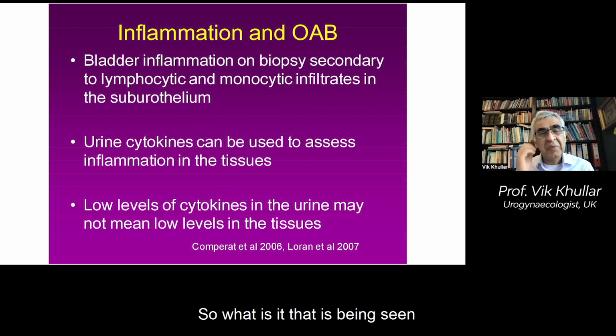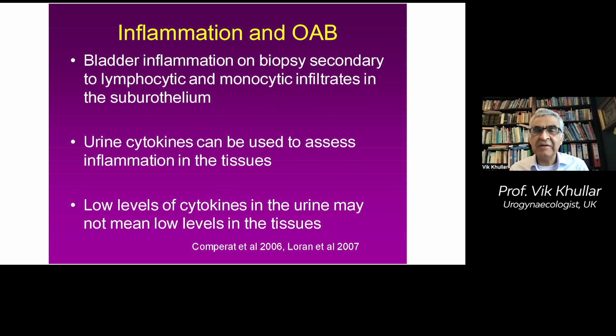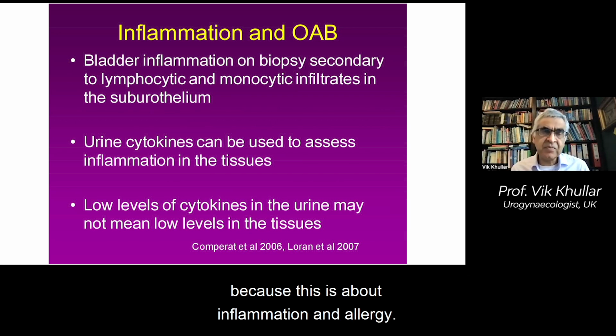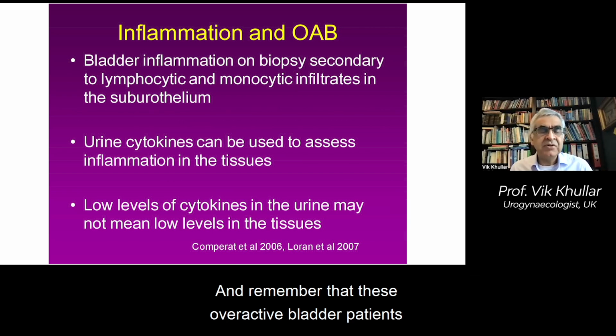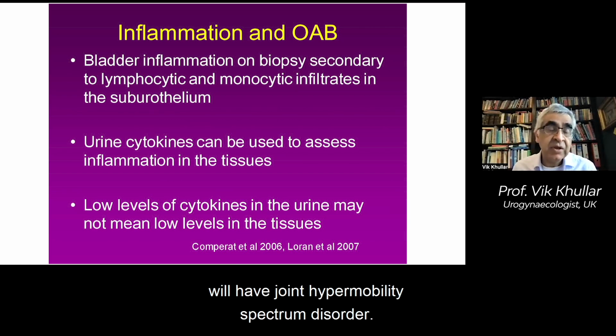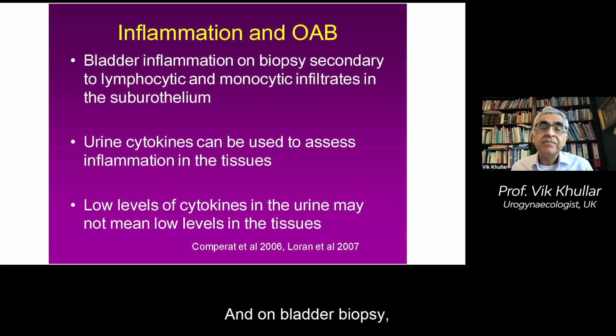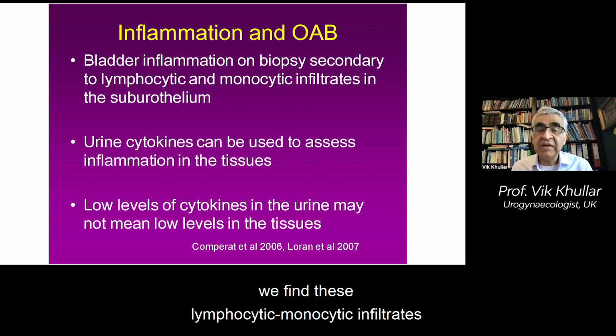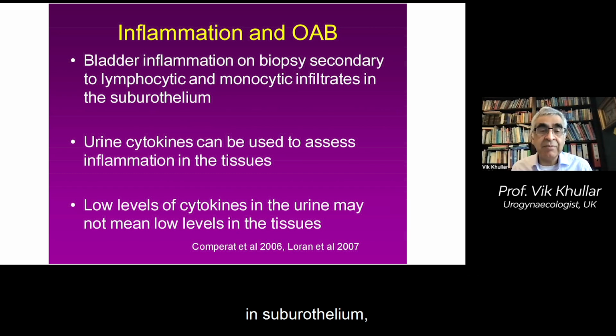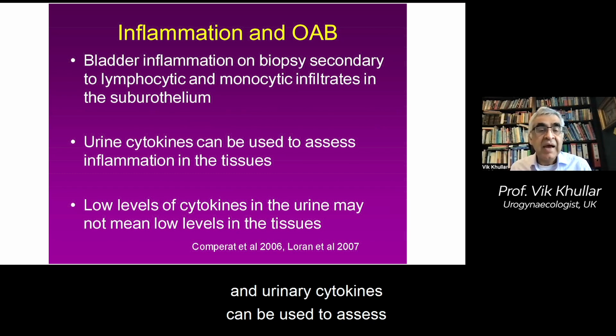So what is it that is being seen? Because this is about inflammation and allergy. And remember that over 55% of these overactive bladder patients will have joint hypermobility spectrum disorder. On bladder biopsy, we find lymphocytic, monocytic infiltrates in the suburothelium.